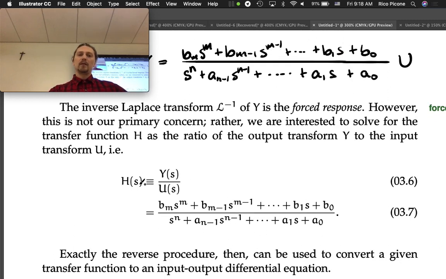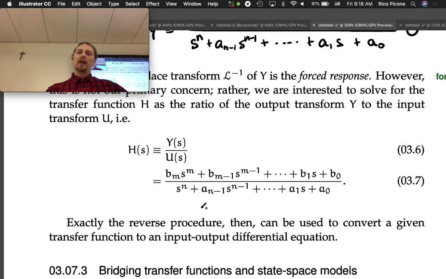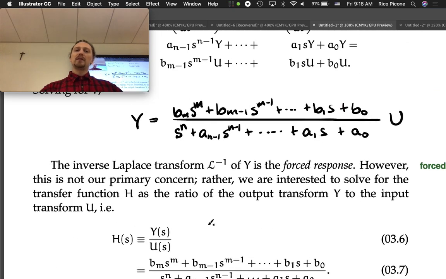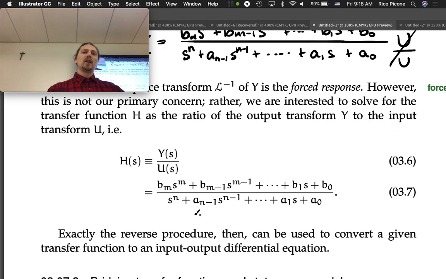So we have h being defined as y over u, and we've got this expression. All we did is divide both sides by u, and then these cancel. So y over u is equal to this expression. But remember, that's the definition of the transfer function, the ratio of y over u.